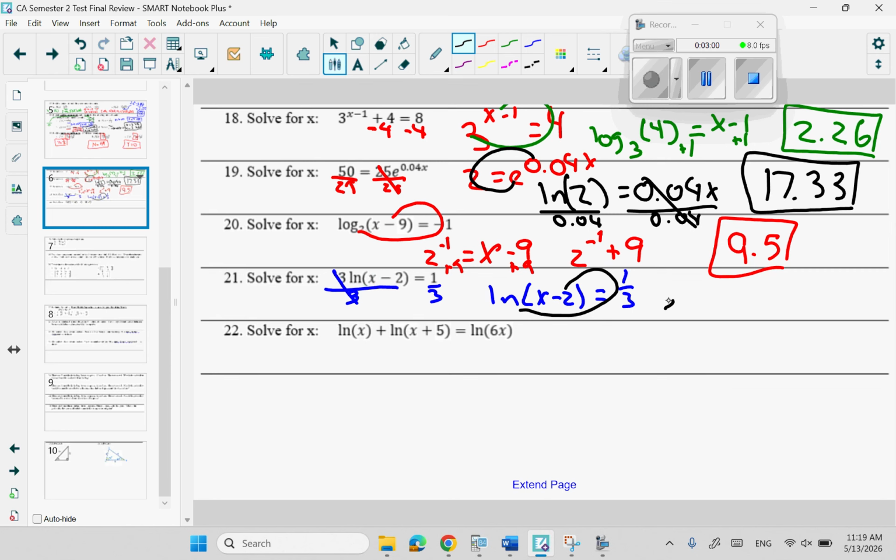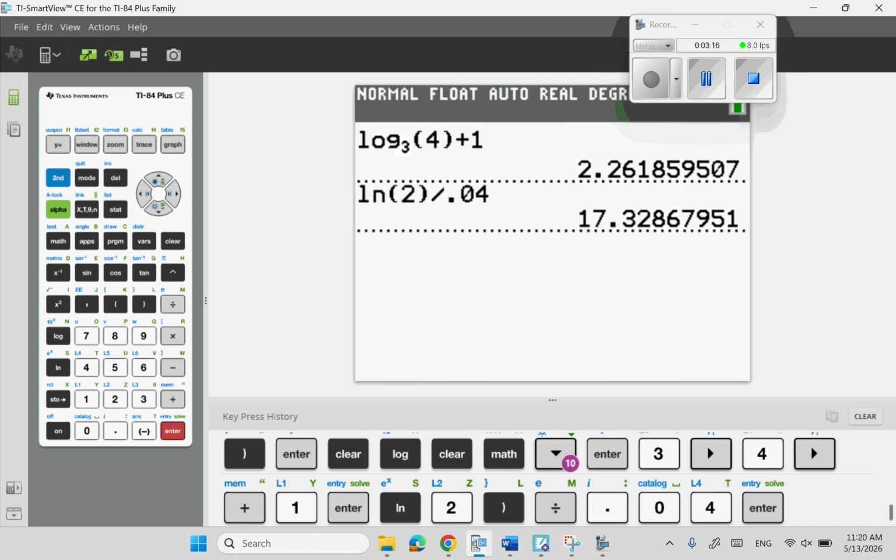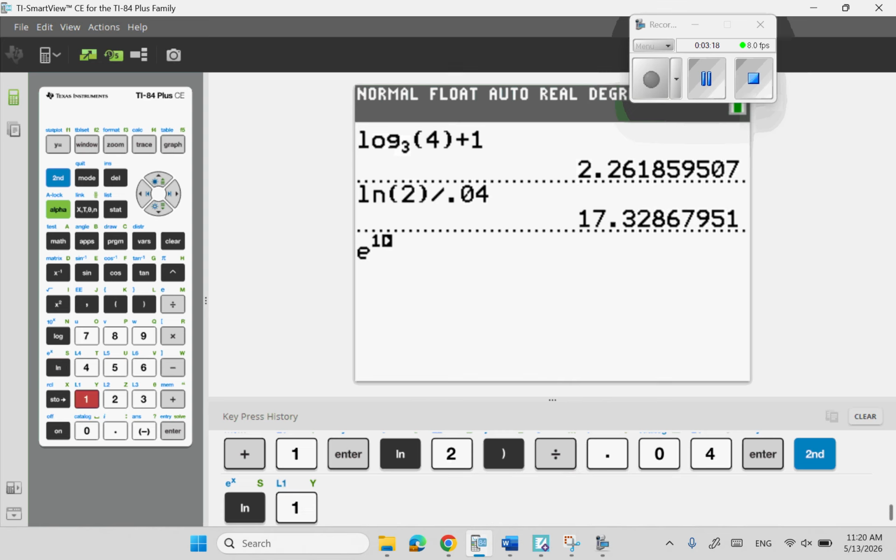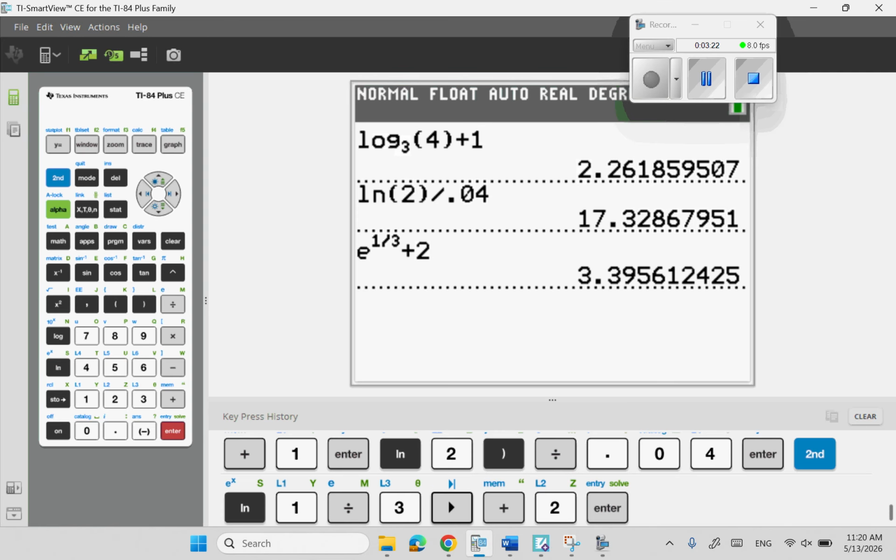So I get e to the 1/3 equals x minus 2, so I can add 2 to both sides. So I can just type e to the 1/3 plus 2 right into my calculator. E is second ln. So I would get something like 3.4.